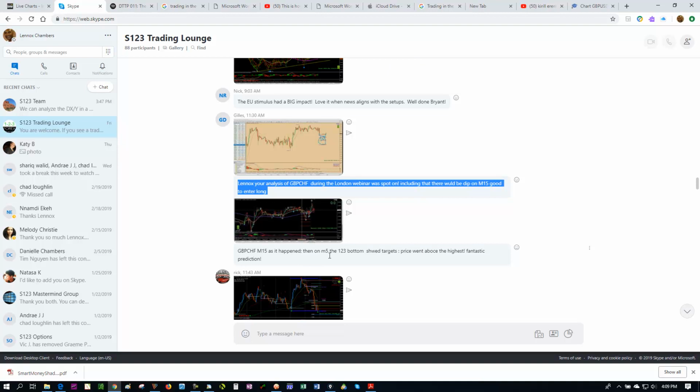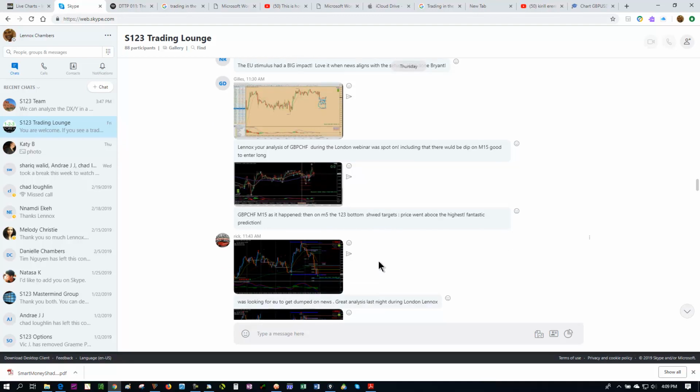Then on M5, the 1, 2, 3 bottom showed targets. Price went above the highest. Fantastic prediction, he put. Then Rick came on and he also put a picture up of the chart, showing he was looking for EU to get dumped on news. He said great analysis last night during London, Lennox.